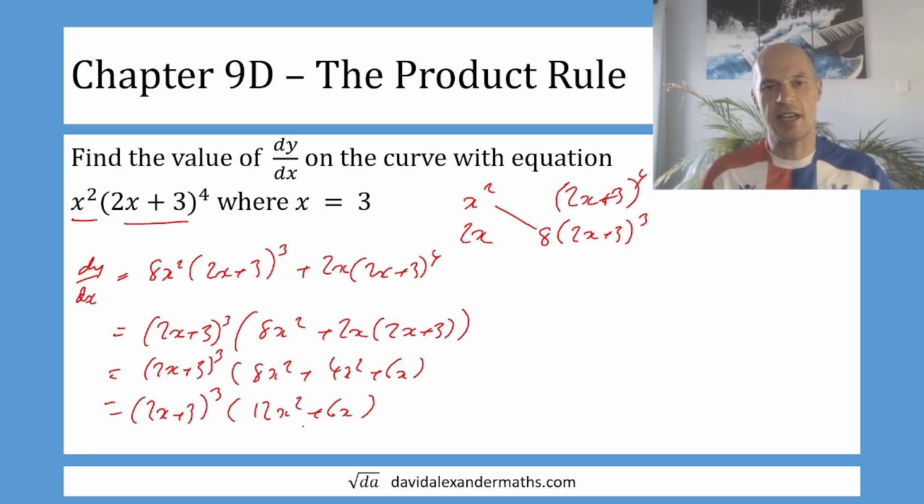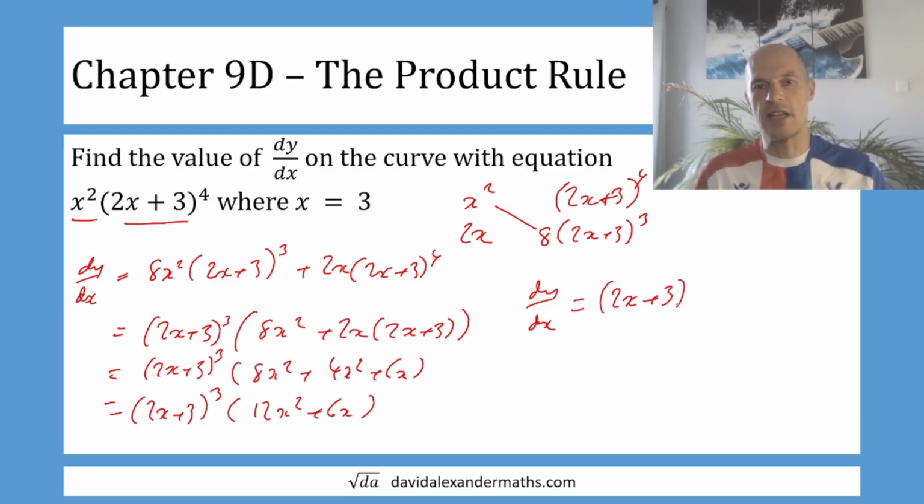And I mean, I could take out a 6x as well here. So dy by dx is 2x plus 3 cubed.